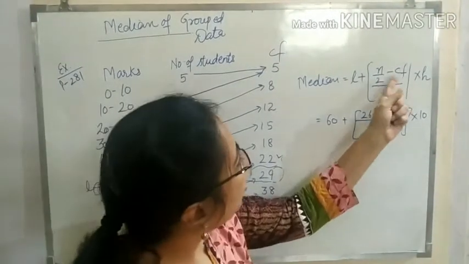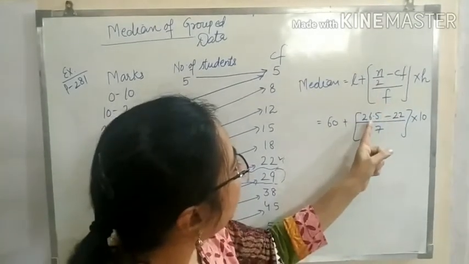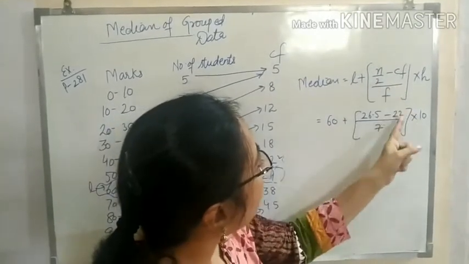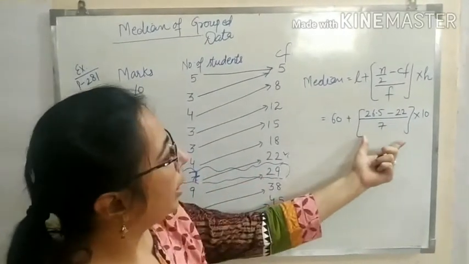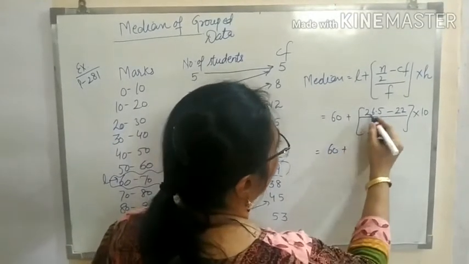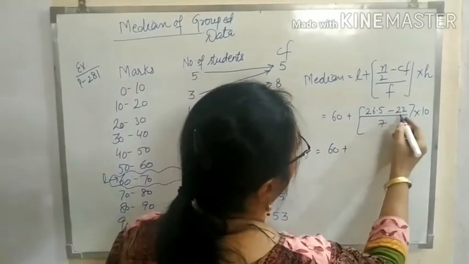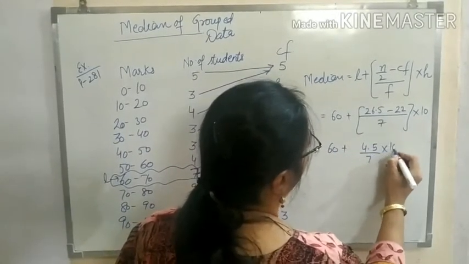Now I have substituted all these values in this formula: L is 60, n by 2 is 26.5, minus 22, by 7, into 10. Now solve it. 26.5 minus 22 comes out to be 4.5, upon 7, into 10.